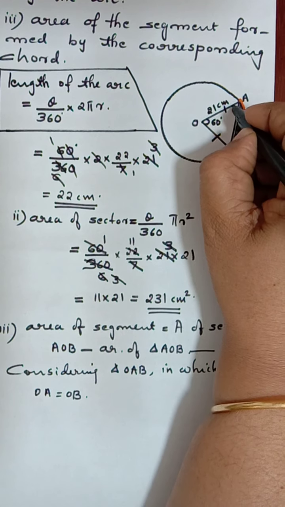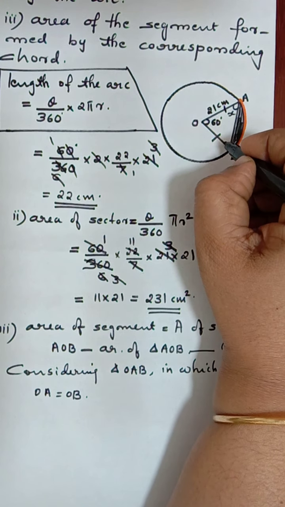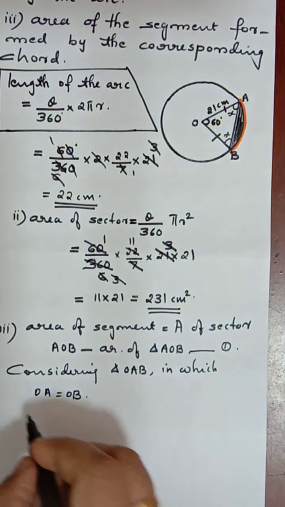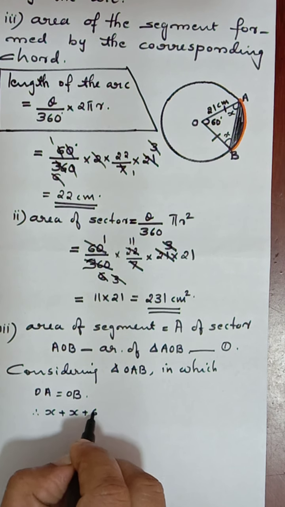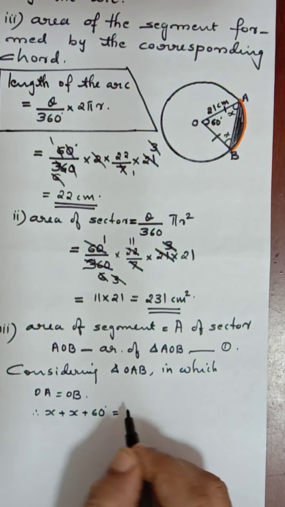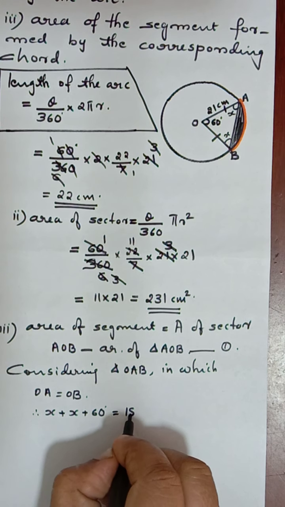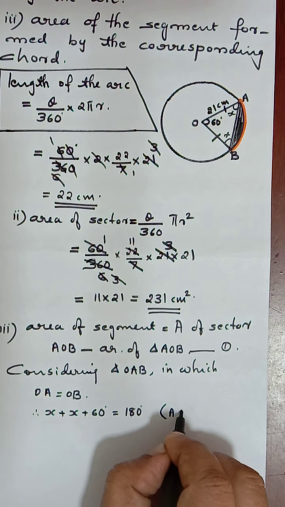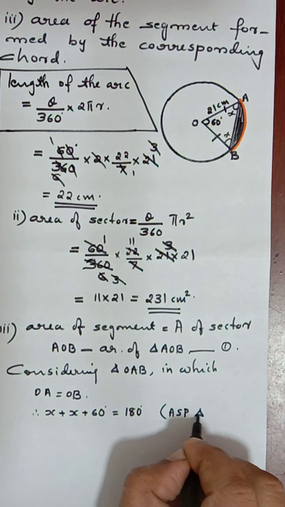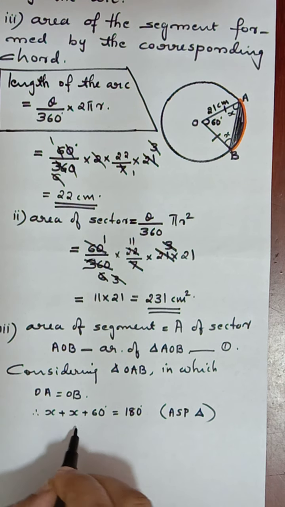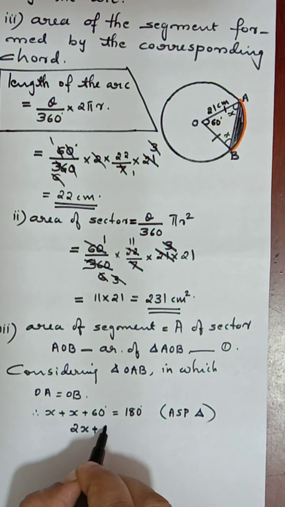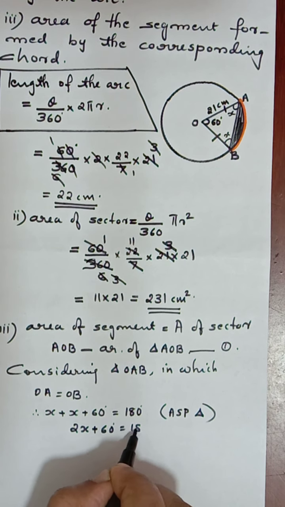Let me call each X. Therefore X plus X plus 60 degrees equals 180 degrees, by the angle sum property of a triangle. So here we have 2x plus 60 degrees equals 180.